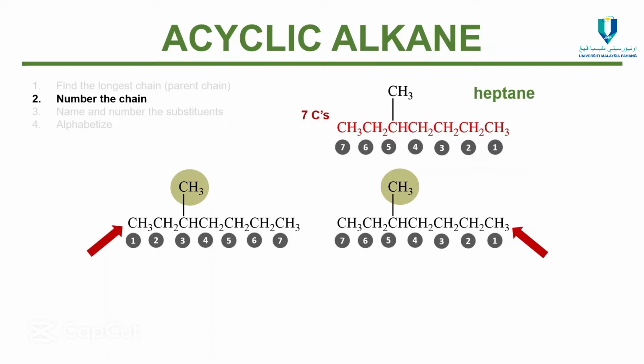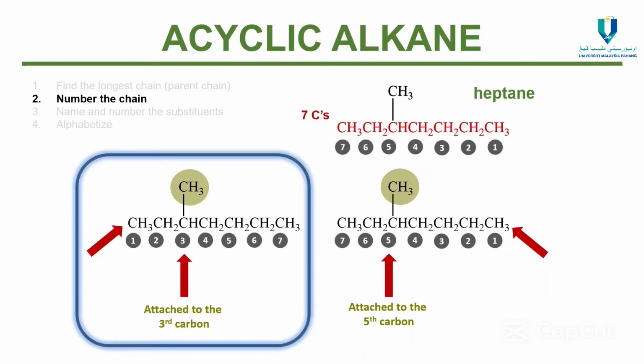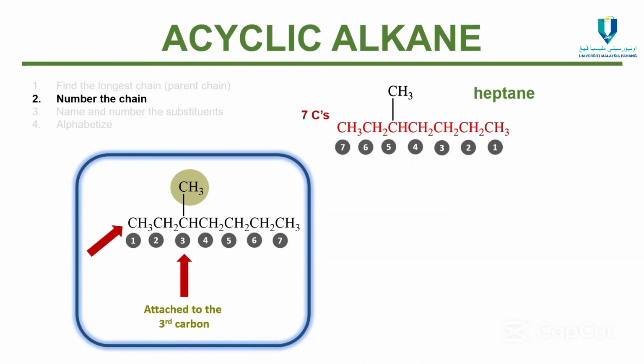Second, you have to make sure the substituent attached at the lower carbon number. For example, this one. So from the left hand side, the substituent attached at carbon number 3. From right hand side, the substituent attached at carbon number 5. So 3 is lower than 5. So this is our numbering system. So now we have fulfilled the second rule.